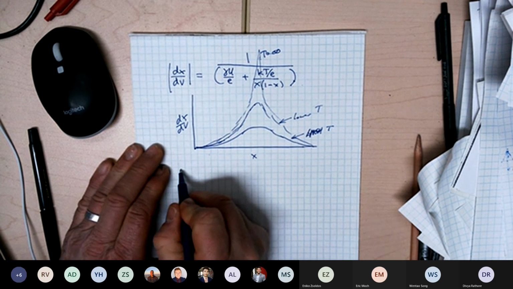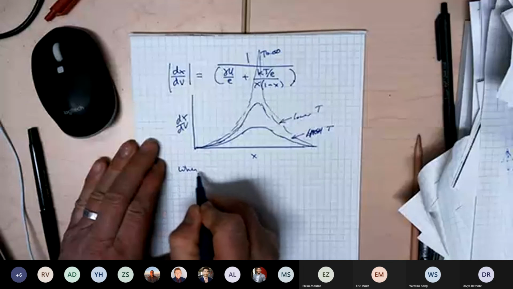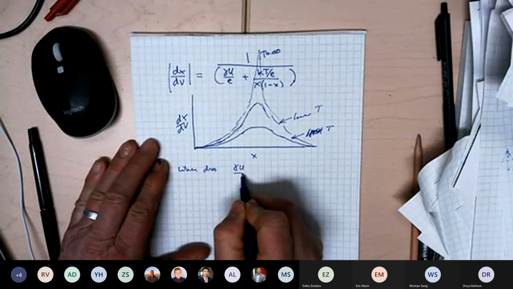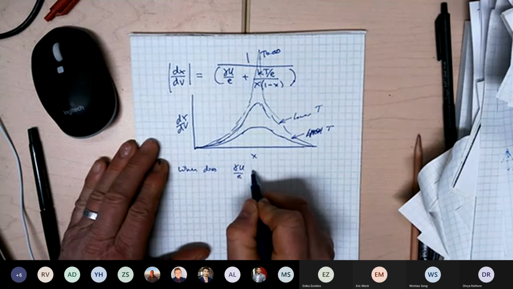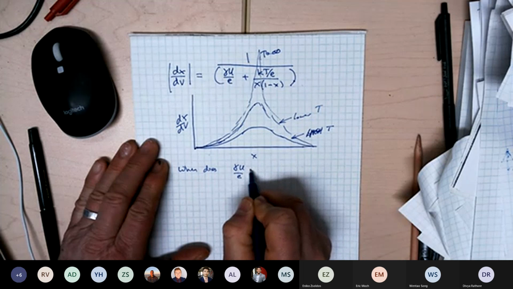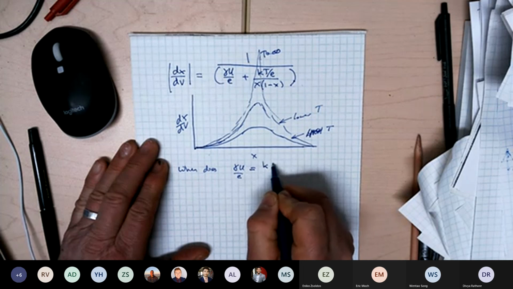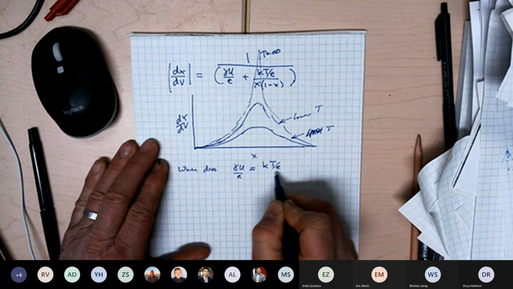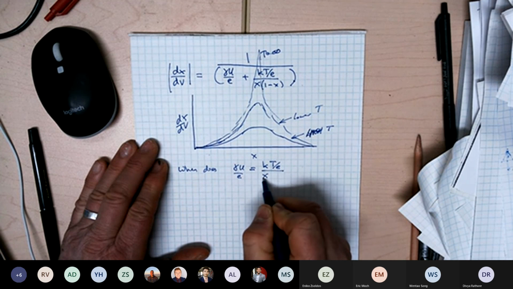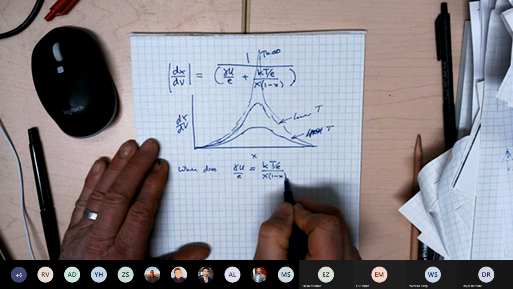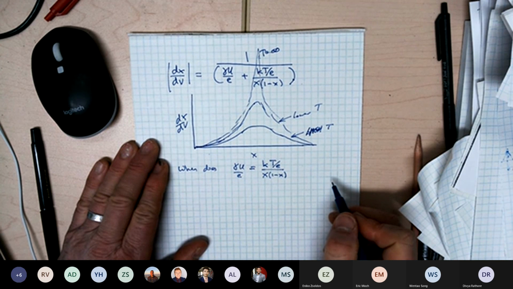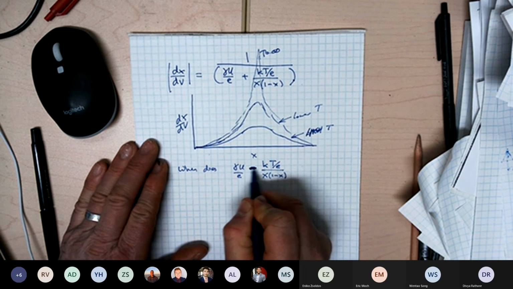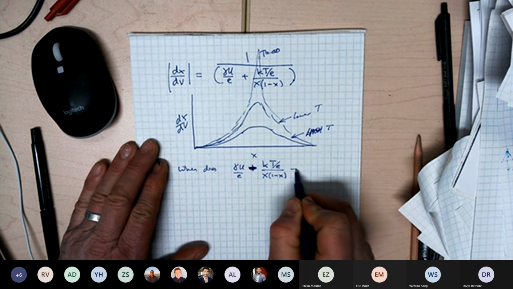Okay, so when does gamma u over E equal KT over E over X times 1 minus X? I guess we want the sum of these, sorry, to be 0.